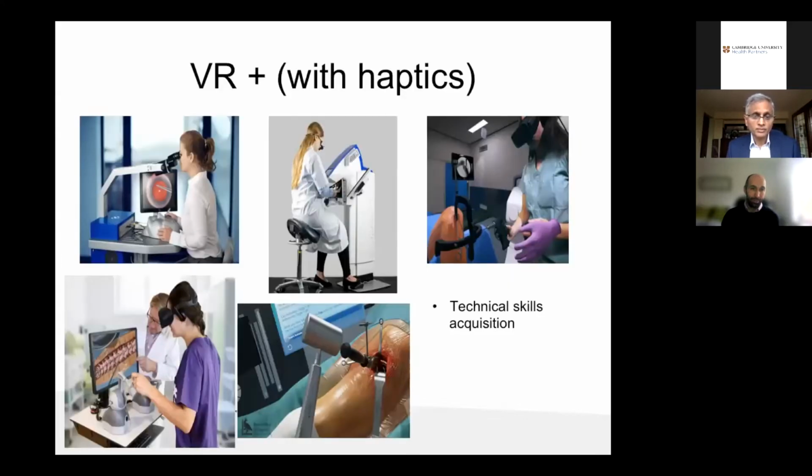So with virtual reality, as technology improves, there are virtual reality simulators with haptics. And haptics is the ability to get feedback from feel and touch.